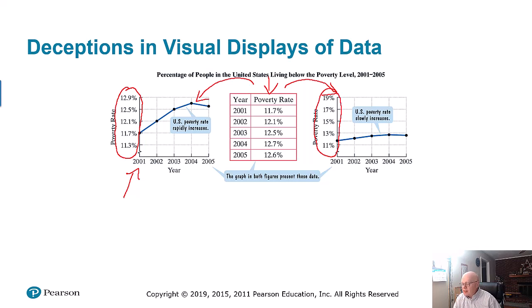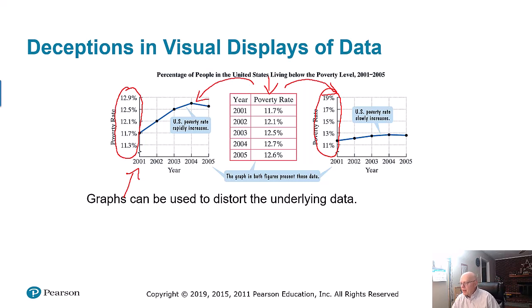Over here you have steps of 0.4. Over here you have steps of 2%. It gives an entirely different look to it. That's one way to lie with statistics or be deceptive with your displays of the data. So be careful. When you see graphs like this, be a little bit hesitant about making decisions unless you get a second opinion.